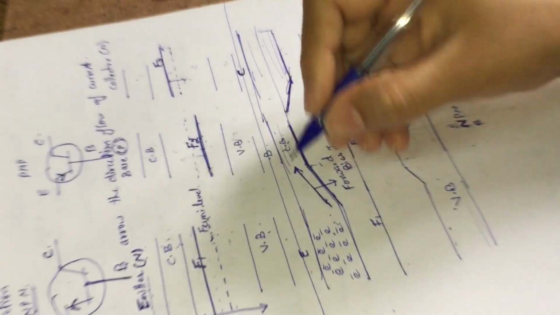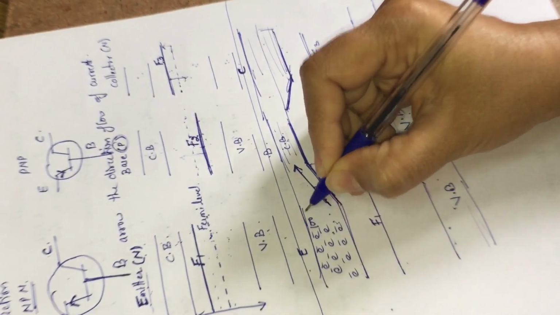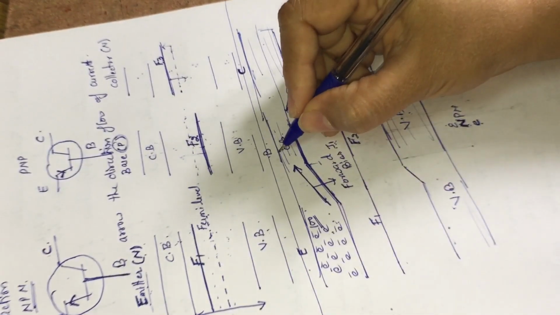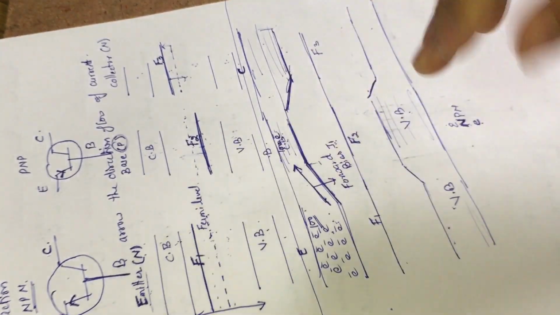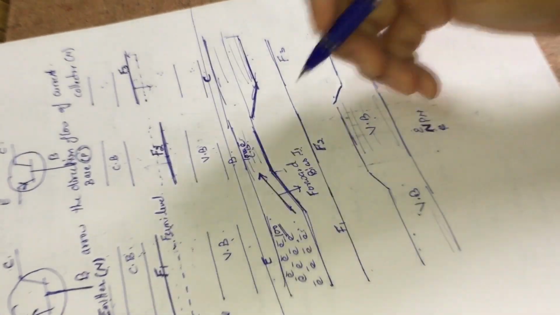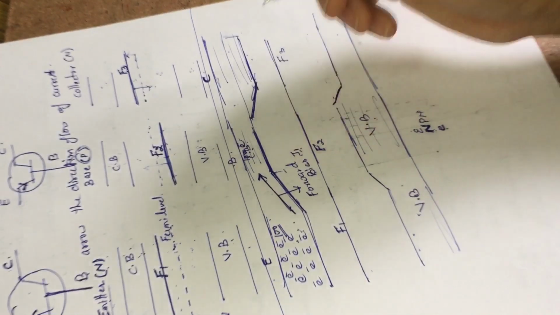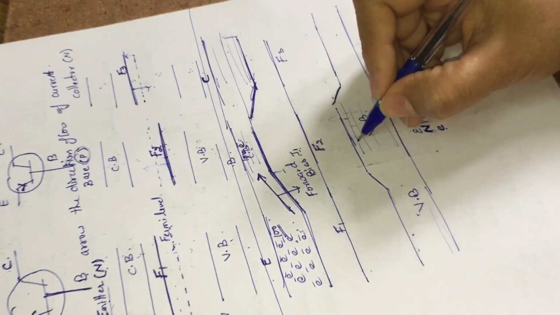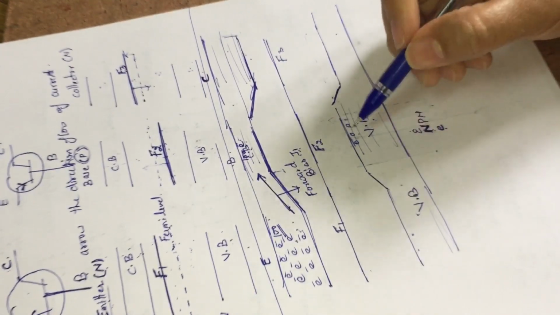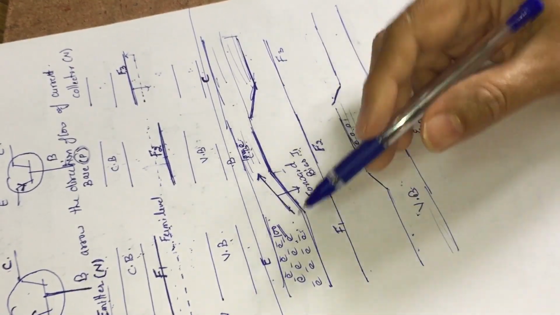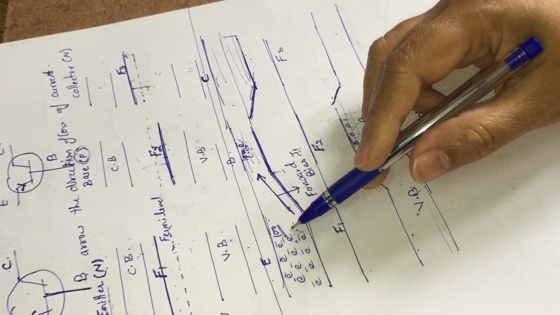Let us consider that out of 100 electrons, all 100 move towards the base region. But we know that in the base region the valence band is high as compared to the valence band of the emitter.